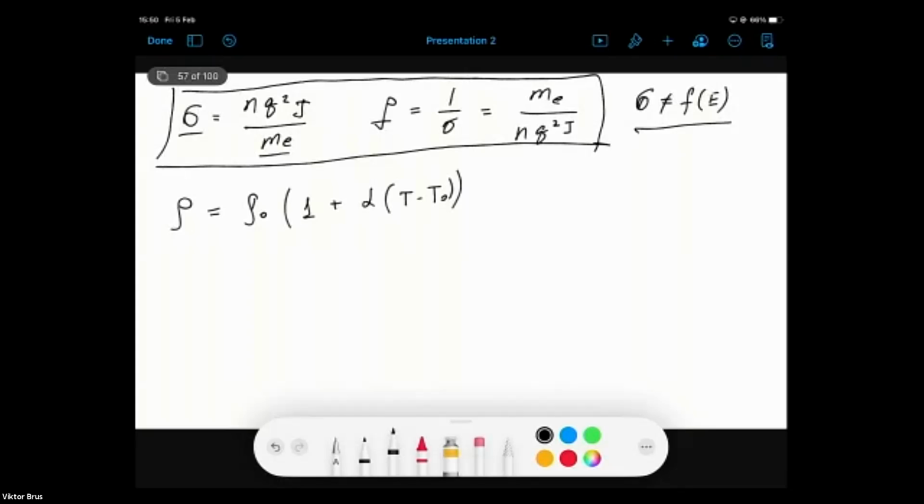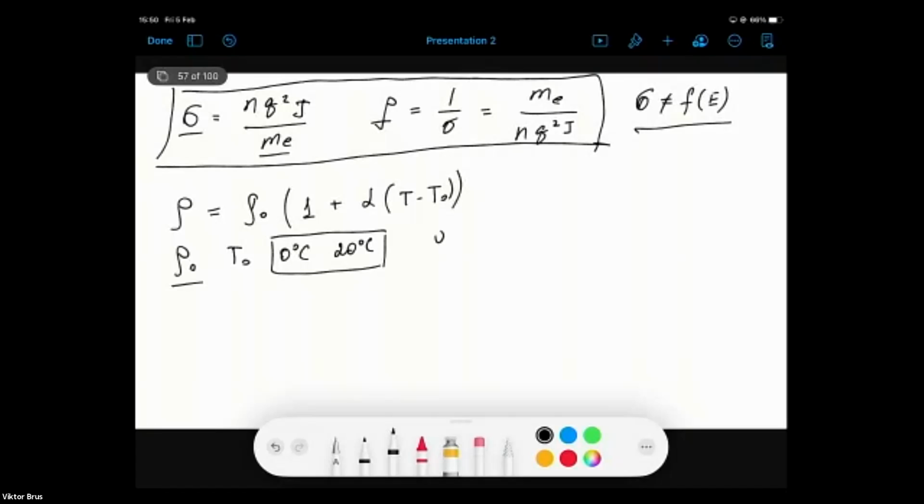Here, this rho naught is the specific resistance at some reference temperature T naught. Usually it can be different. It can be either 0 degrees Celsius or 20 degrees Celsius. These are calibrated values at a calibrated temperature.